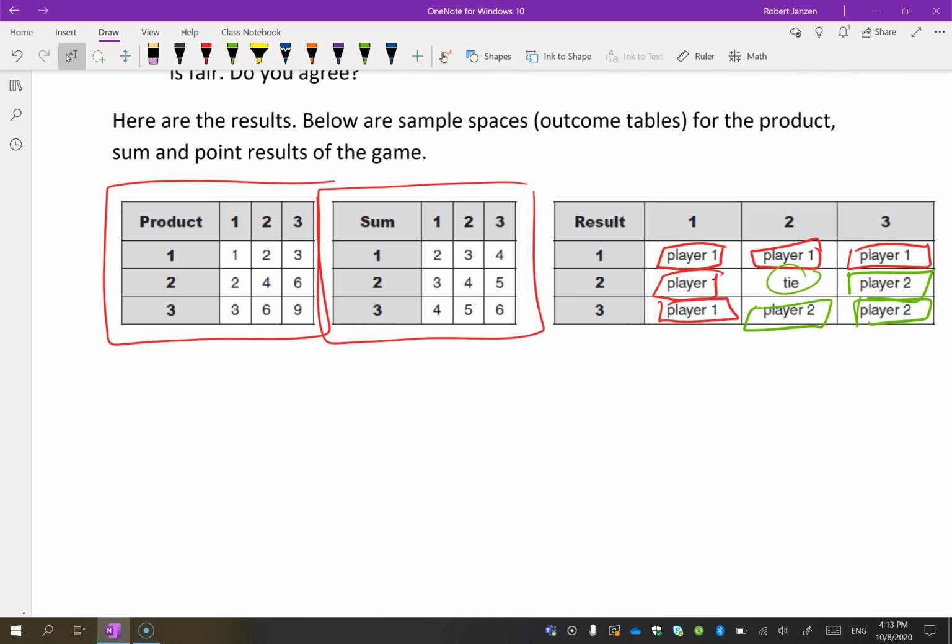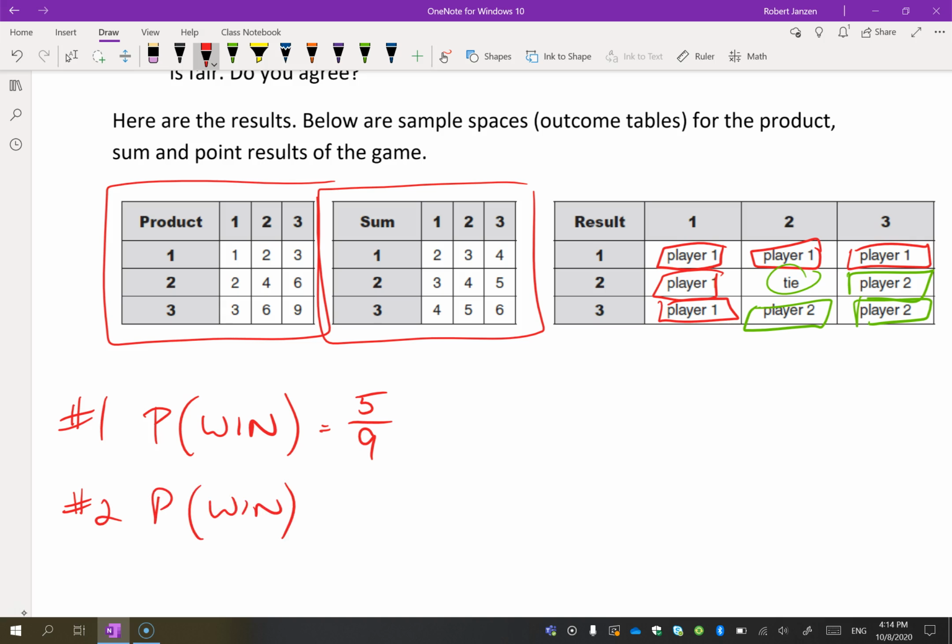Well, you can see that player 1 has a better chance of winning. The probability of winning for player number 1 is 5 out of 9. For number 2, the probability of winning is only 3 out of 9. Okay, so that's how you determine if a game is fair.